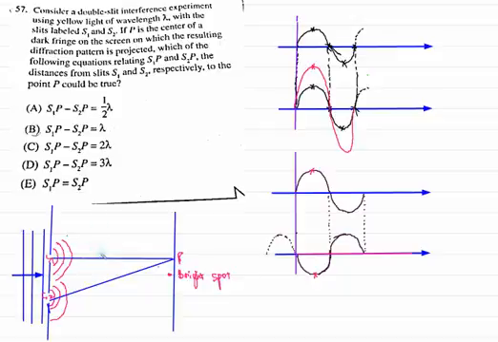Now, let's take for example the path from S1 to P. Let's say you have traveled a full length, let's say it is 10 lambda.